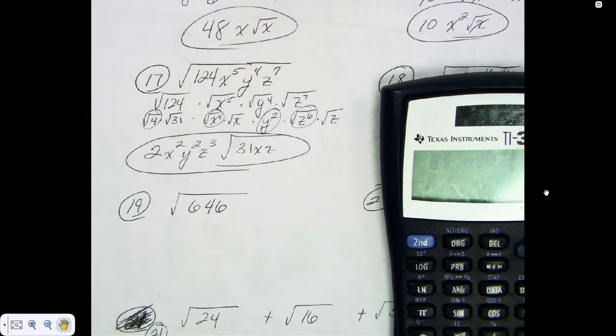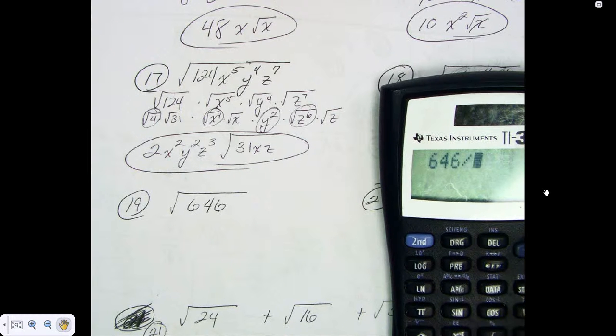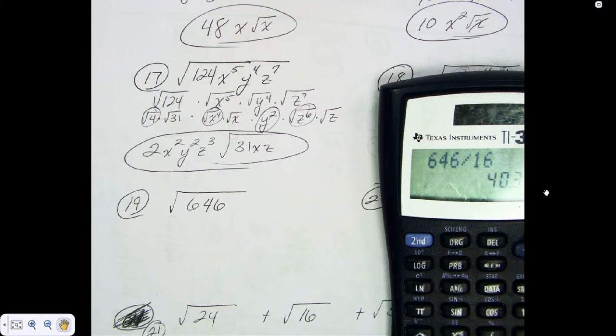Let's see. 121. 100's not going to work. How about 81? 646 divided by 81 equals. No. How about 64? No, it didn't work. How about 49? How about 646 divided by 36? How about 646 divided by 16?